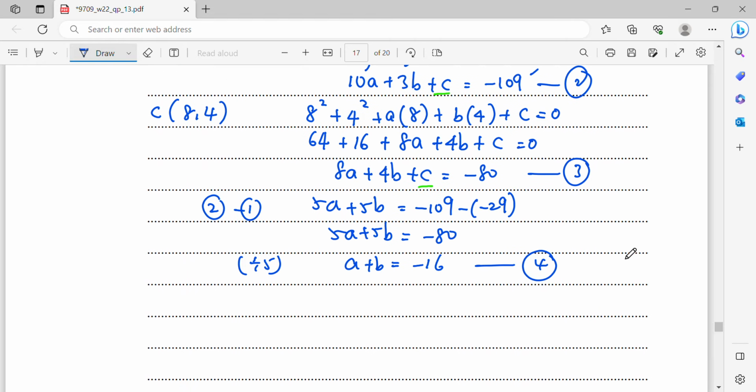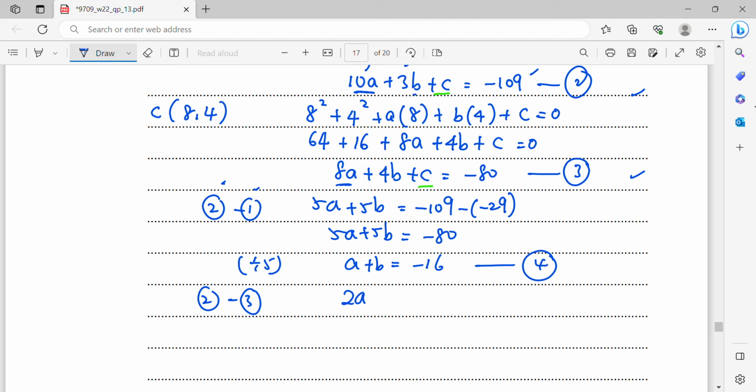Okay, so to get the other equation, just now I used equations 2 and 1. Now I use equations 2 and 3 to eliminate the c as well, because I need to get another equation in terms of a and b. So now here I may use second minus third. For the first term, 10a minus 8a is going to be 2a.